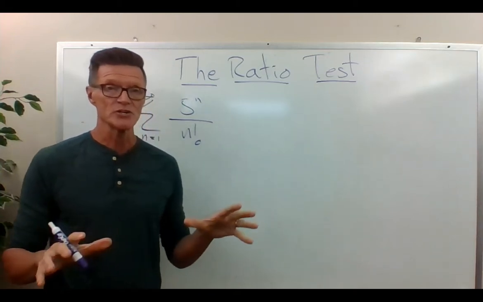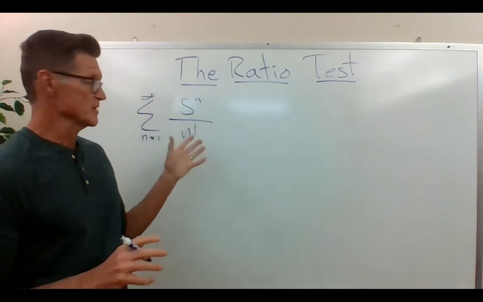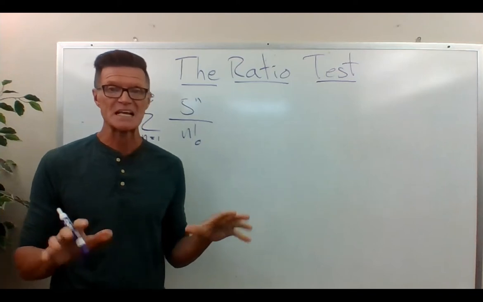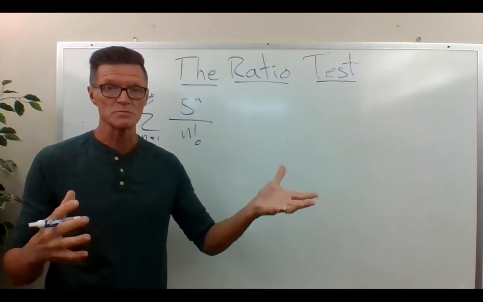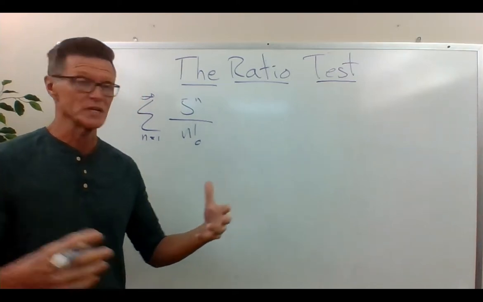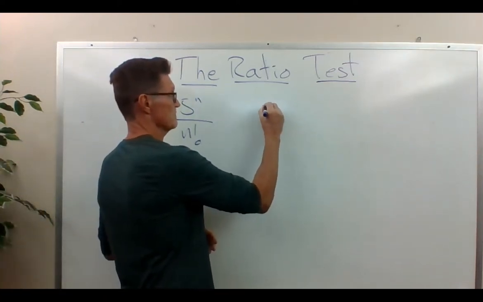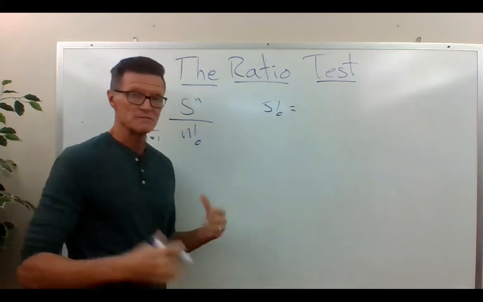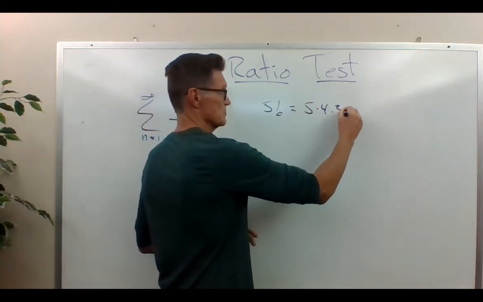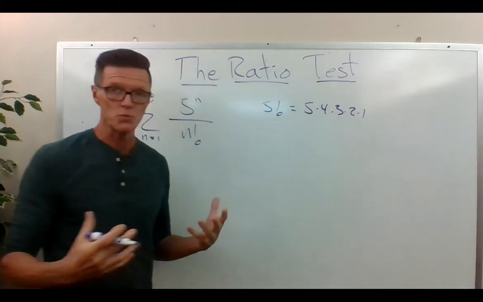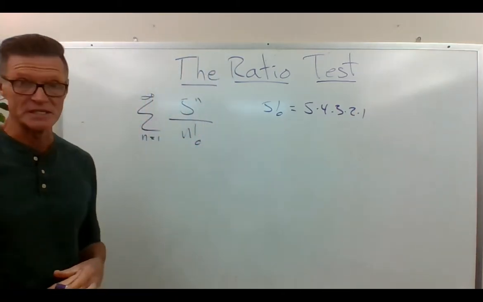The ratio test is a great way to deal with any series that has a factorial in it. To remember what a factorial is, 5 factorial simply means we're taking 5 times 4 times 3 times 2 times 1.